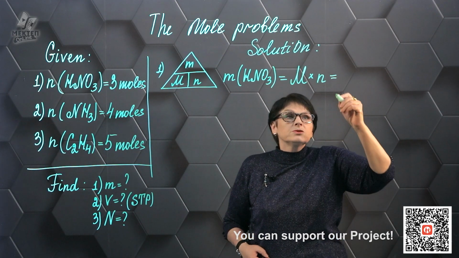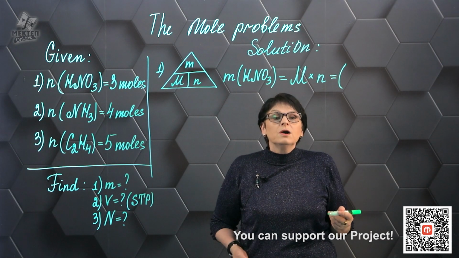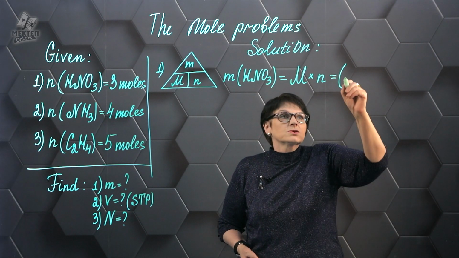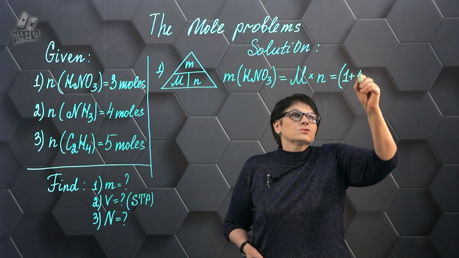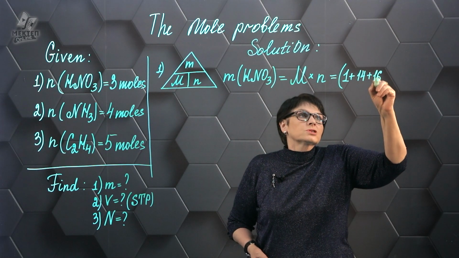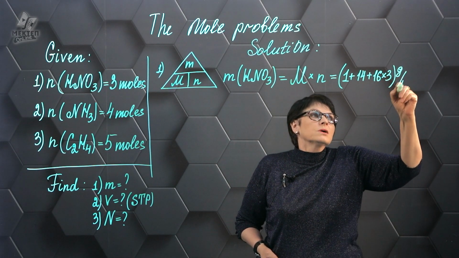Let's make a numerical substitution. For nitric acid, let's calculate its molar mass based on the periodic table. For hydrogen, it's 1. For nitrogen, it's 14. And for oxygen, 16 times 3. All in grams per mole.